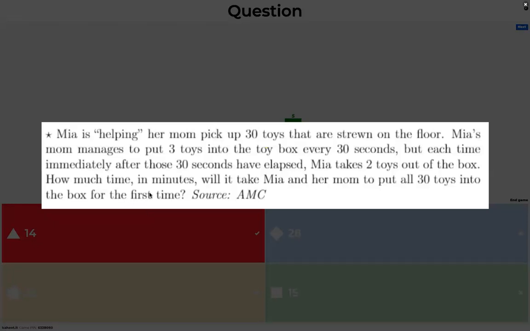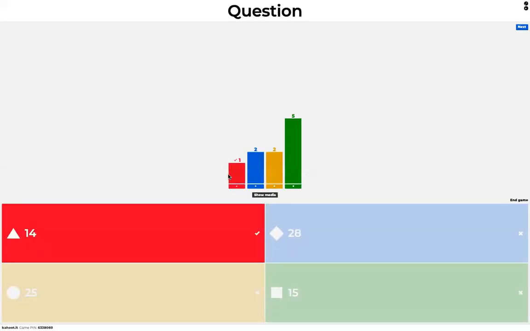So that happens when Mia's mom manages to put 30 toys into the box, even if Mia takes 2 toys out of the box afterwards. So be careful with word problems.